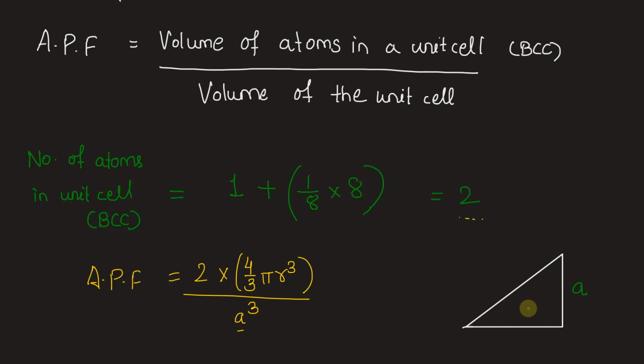The diagonal of the face will have a dimension of √2a, because each face is a square of side a, hence its diagonal will have the measure √2a. This is the diagonal that we have taken.